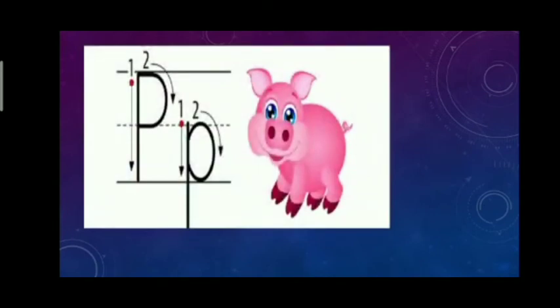Next letter. P. P for pig. First, starting with capital P and red dot. Arrow, standing line, then number 2 arrow, curve. Now small p, starting with the red dot. Observe the red dot carefully. It is on the second line, not on the first line, on the second line.